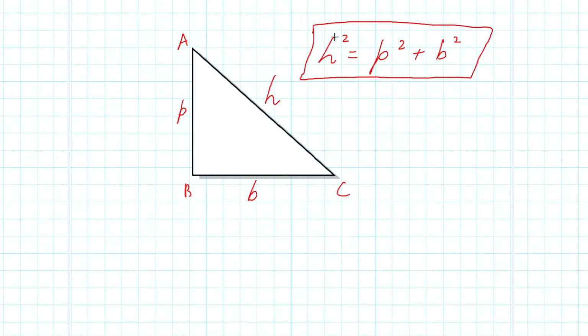With the help of this formula, you can calculate any third side if the two sides are given. Suppose you have been provided with perpendicular and base, then you can calculate hypotenuse. Or you are given hypotenuse and perpendicular, then you can calculate base.